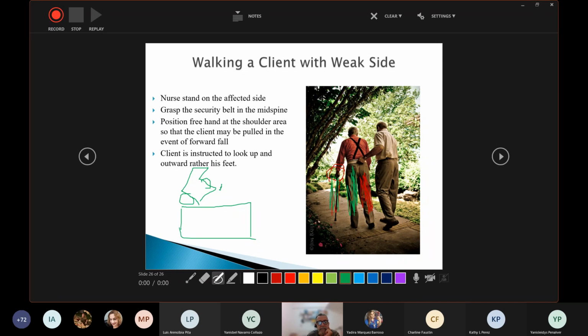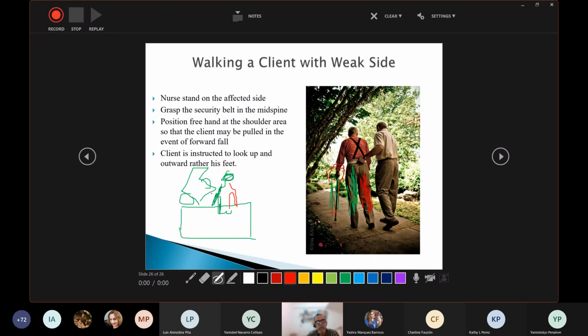So if the client has a strong side and a weak side, the weak side is the red one.